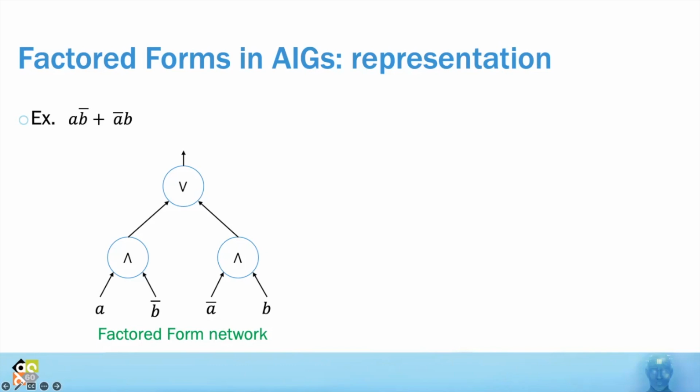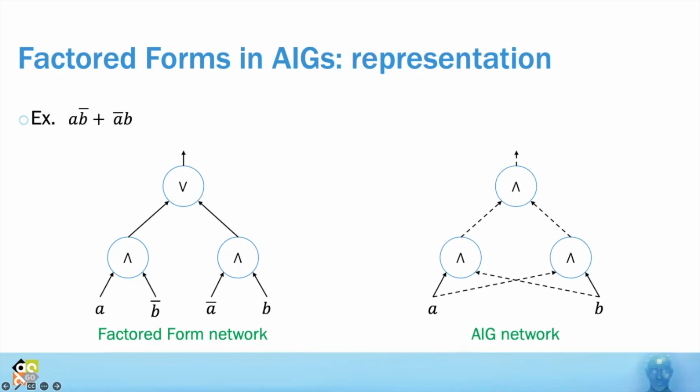In this section, we show the relation between factor forms and AIGs. Factor forms can be represented as a syntax tree, where nodes are AND or OR operations and the leaves are literals. Similarly, we can represent factor forms as an AIG, but instead of the literals as leaves, we have variables, and instead of AND and OR nodes, we have only AND nodes.